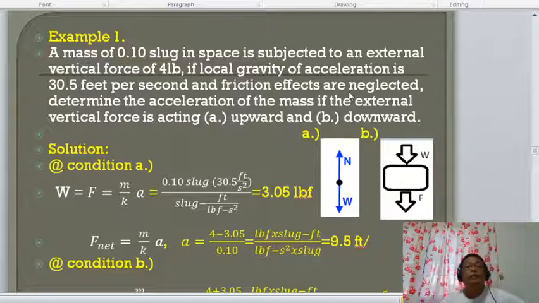If local gravity acceleration is 30.5 feet per second square, and friction effects are neglected, determine the acceleration of the mass if the external vertical force is acting A, upward, and B, downward. Okay, so let us now consider the first condition.